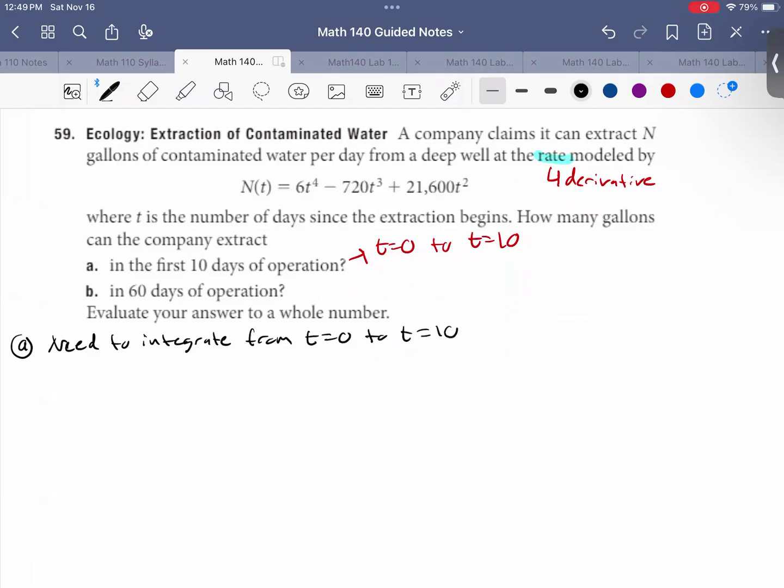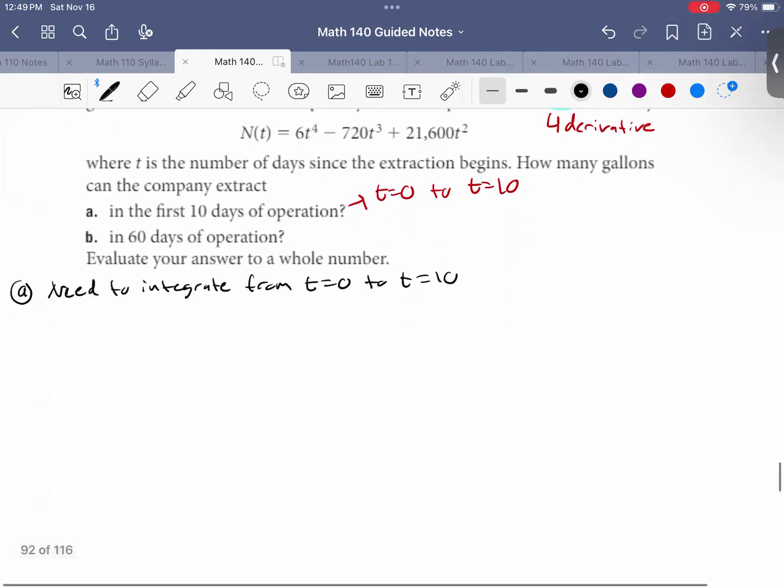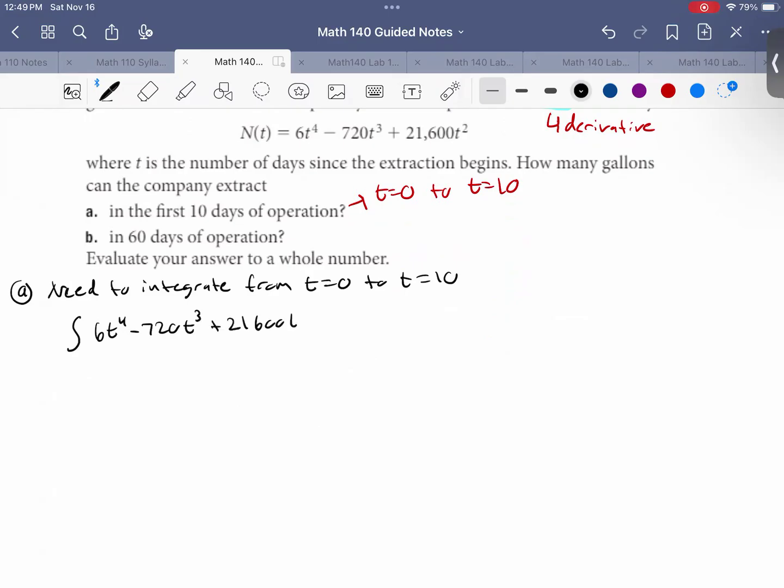And how do I do that? Let's set up the integral first: the integral of 6t to the fourth minus 720t cubed plus 21,600t squared, with a differential of dt.